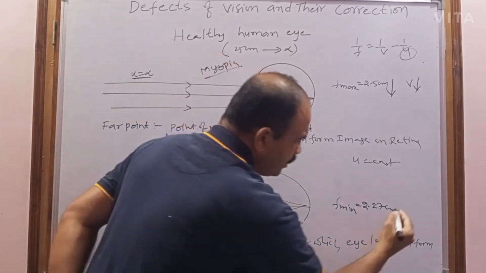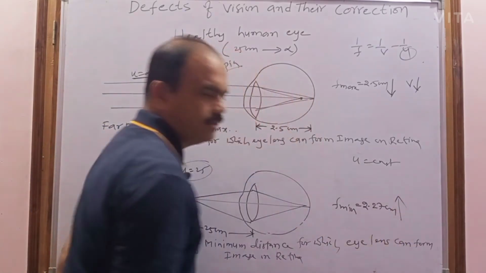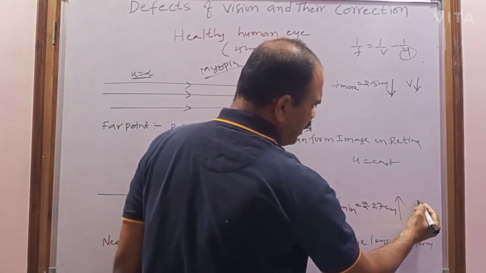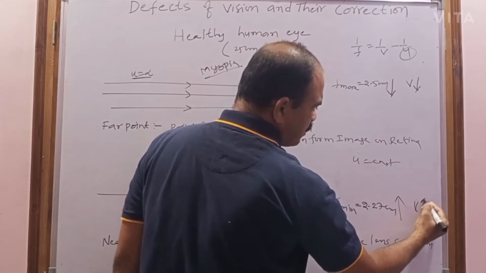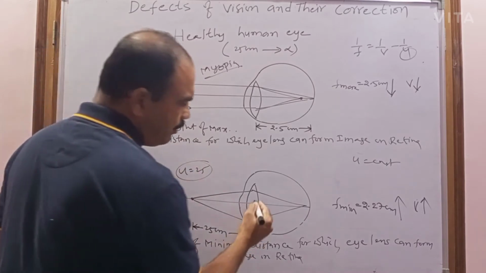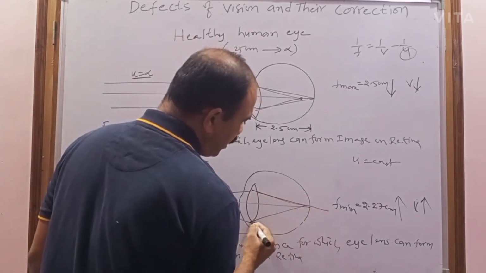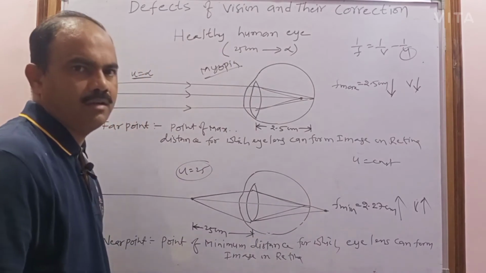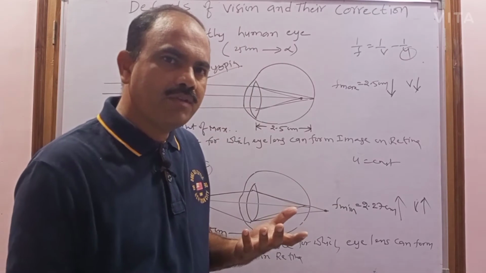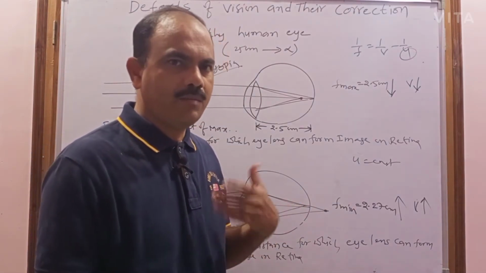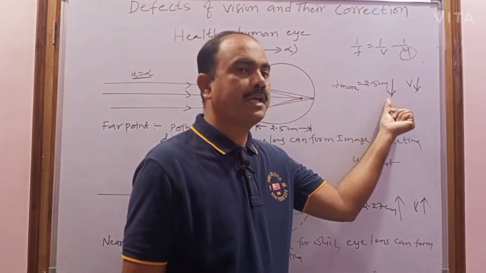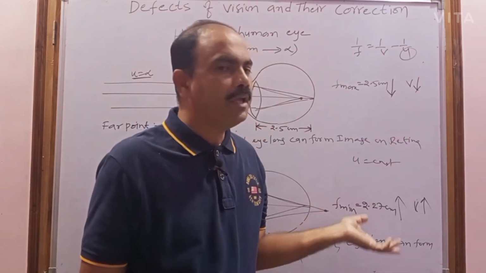So the minimum focal length of the eye lens will increase, and the image distance also increases. So when the object is at the near point, the image is formed after the retina. So if the ability for accommodation is lost, sometimes the maximum focal length may decrease, and sometimes the minimum focal length may increase.